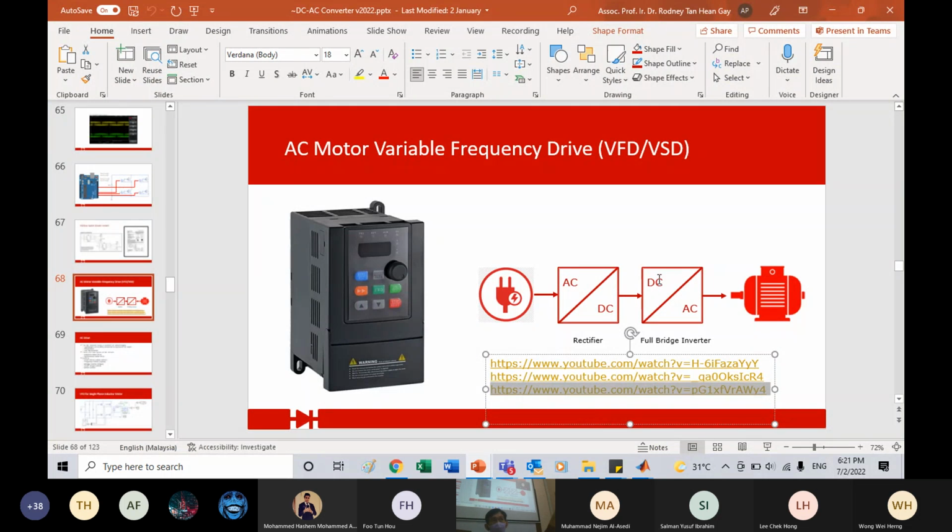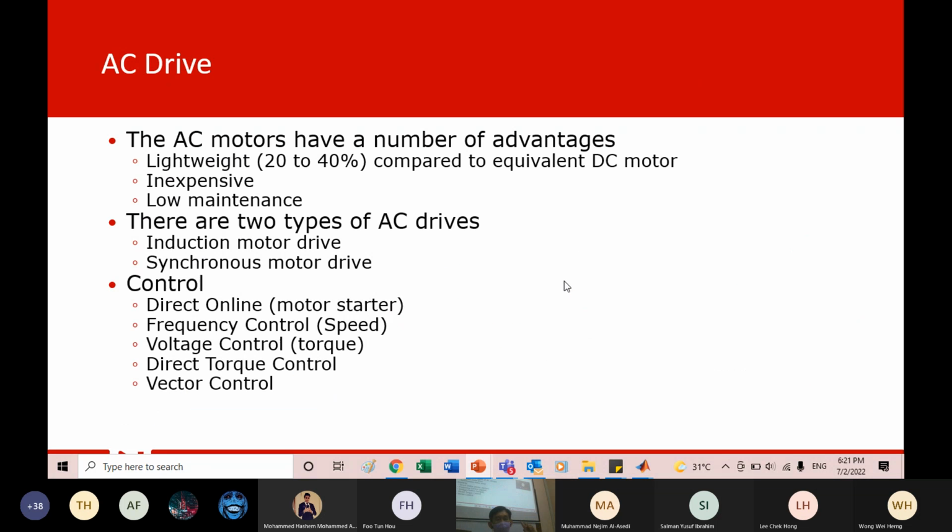It consists of 2 stages, an AC to DC converter and a DC to AC converter, and then it is considered an AC drive. It is lightweight, inexpensive, low maintenance for AC motors. You can use it for induction motors, synchronous motors, and of course, there are various controls you can do.